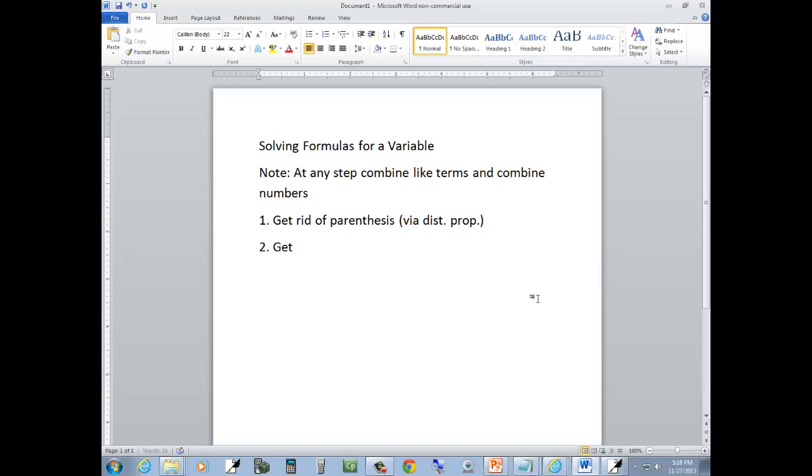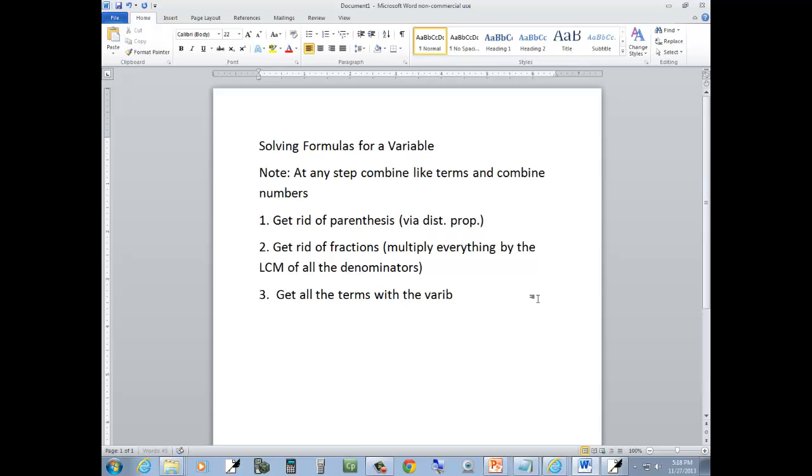Step 2, get rid of fractions. Multiply everything by the LCM of all the denominators. Step 3, now we're solving for a specific variable, so we're going to get all the terms with the variable we are solving for on one side, everything else on the other side.